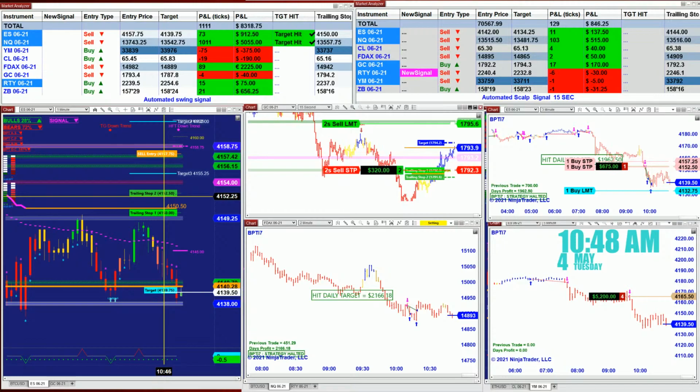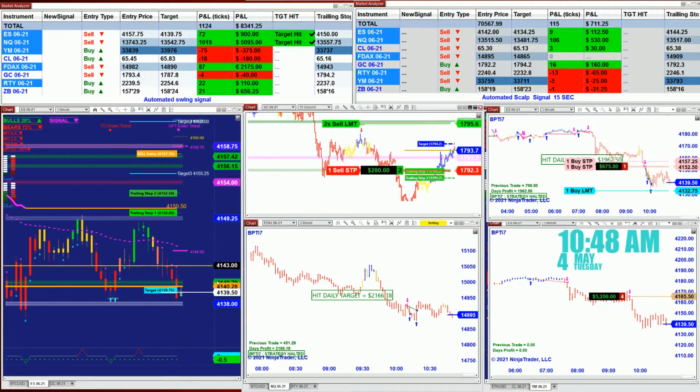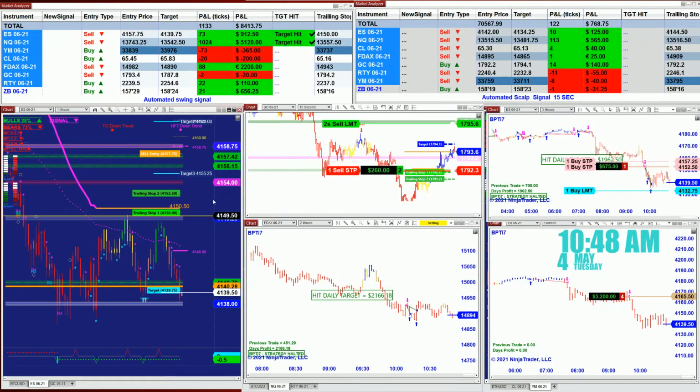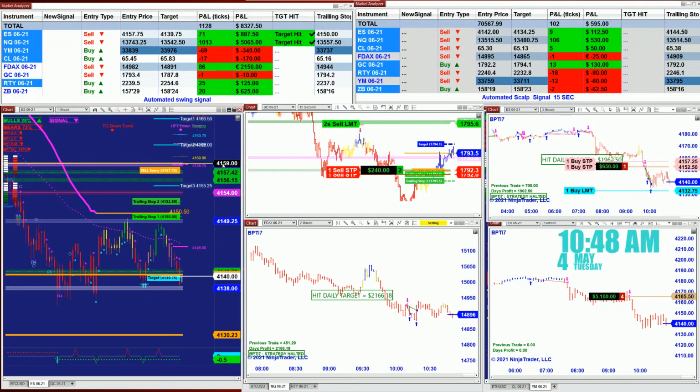But if you are trading the YM, NASDAQ, ES, Russell, as long as the ES has not been able to cross the 4150, this means you still have to think short direction. And as long as you are on the right direction, then you can take a manual trade or an auto trade. It's irrelevant. You're going to be fine on that.